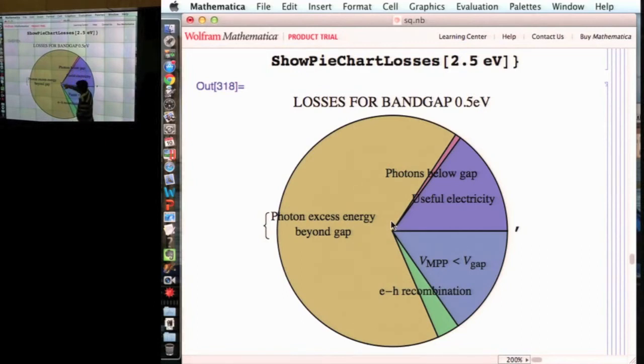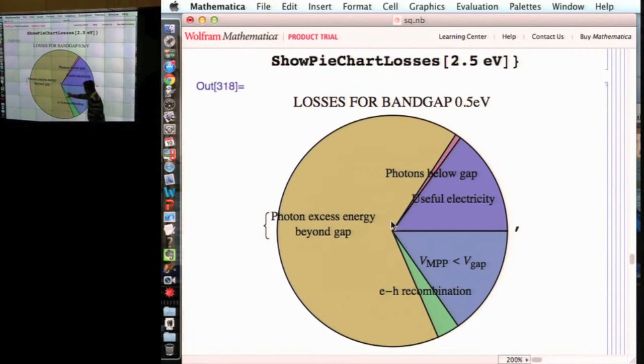This pink slice is the number of photons below the band gap, so that slice is very small. All these other photons have energy in excess of the band gap. I'm extracting from them, but at a very low efficiency because they have much higher energy than the band gap. I'm extracting them at an energy which is equal to the band gap.